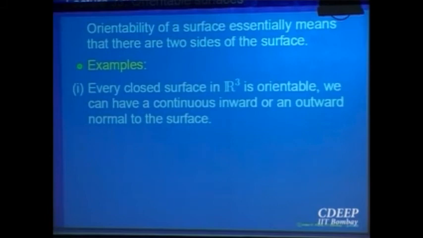From the origin, look at the position vector where it is touching the sphere, and take an arrow going out from there. As you vary the point, this will vary continuously. Either pointing out or pointing in. Choice is yours, but everywhere it should be only out or only in. You should make a choice whether you want to go out or stay inside. So that is a continuous unit normal.